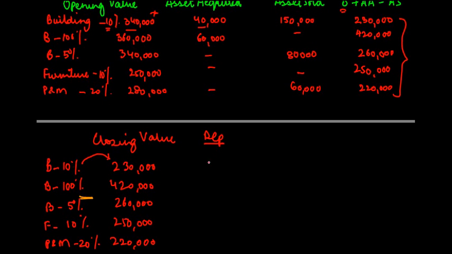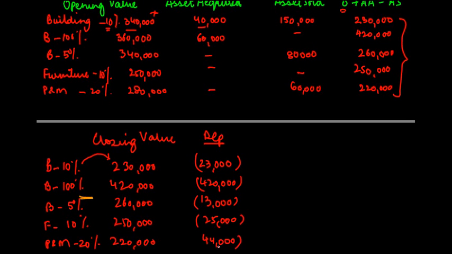So 2,30,000 into 10% is 23,000, 420 into 100% is 420, right? So this is the depreciation. 260 into 5% is 13,000, 250 into 10%, 25,000, 220 into 20%, 44,000.